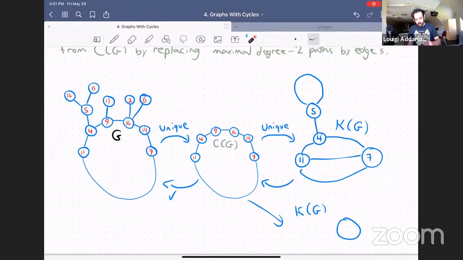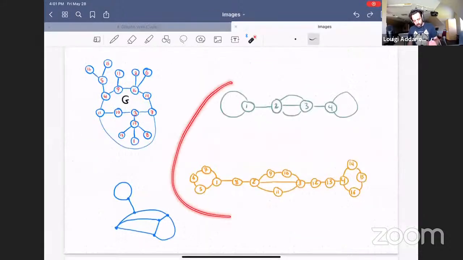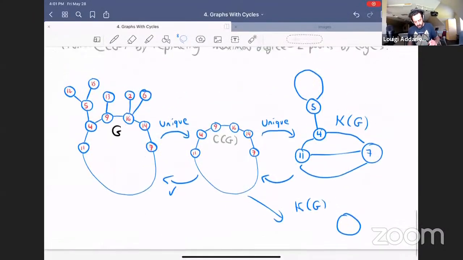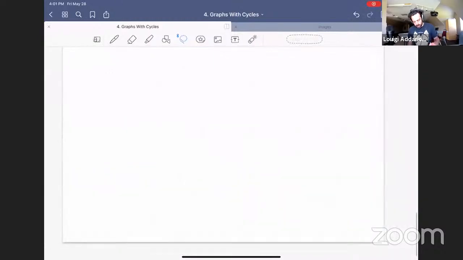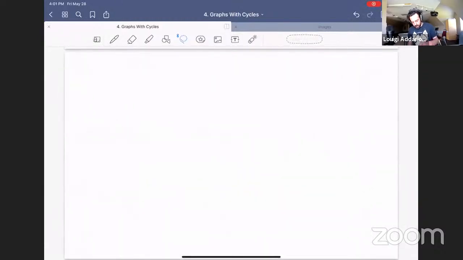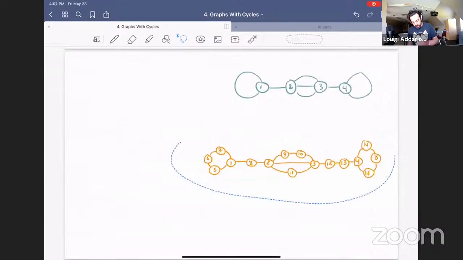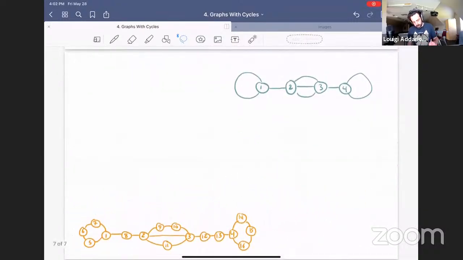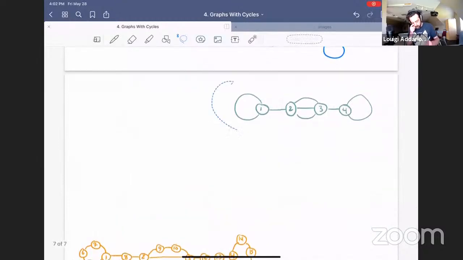Good. So let's think about, here's an example, which I'll grab. Let's think about if I show you this kernel. So up at the top, right? It's a multigraph, could be the kernel of some graph.